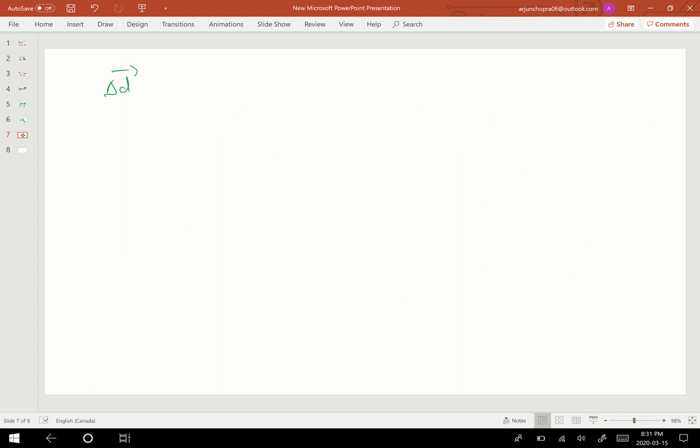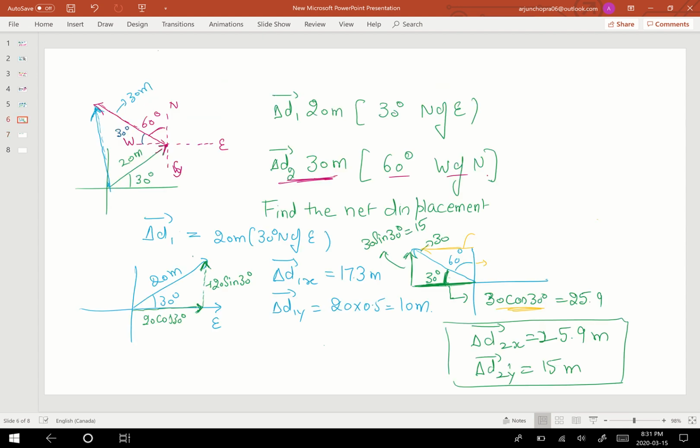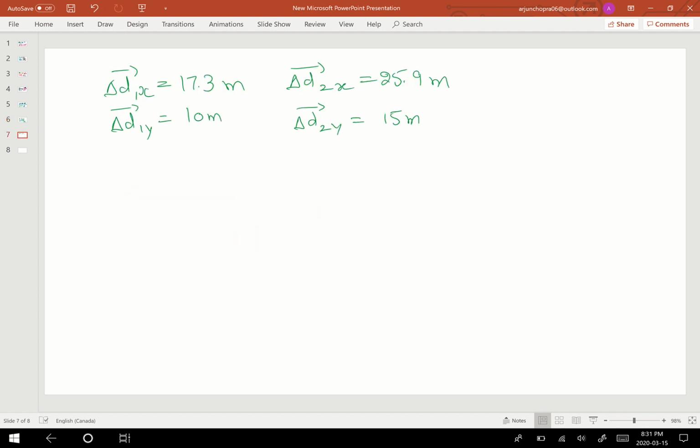Delta d1x was 17.3, delta d1y is 10 meters, and delta d2x is 25.9, delta d2y was 15 meters, and I figured out these two values. Now I'm gonna recheck my values one more time. Yeah, 25.9 and 15, that's correct.